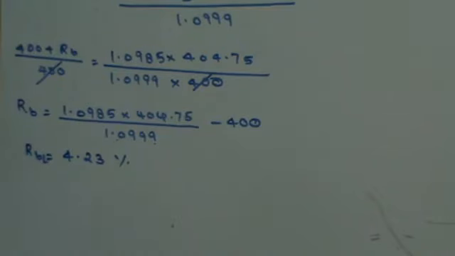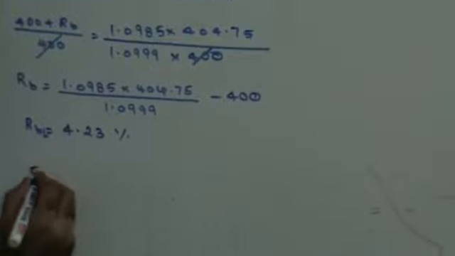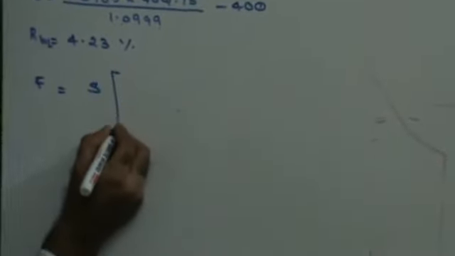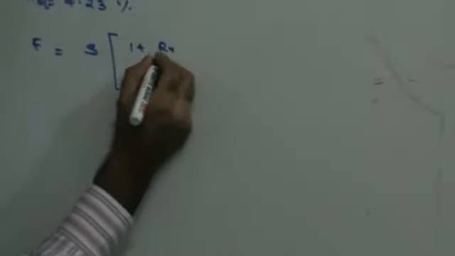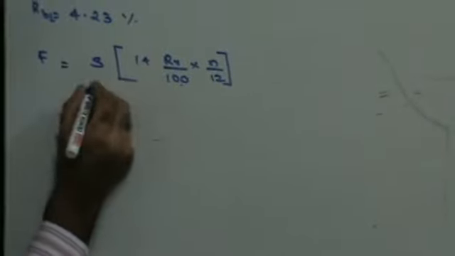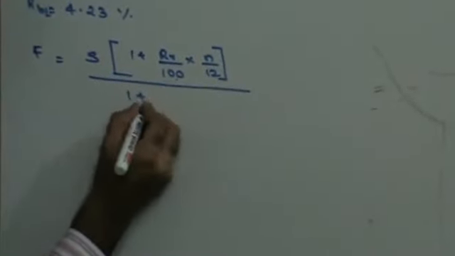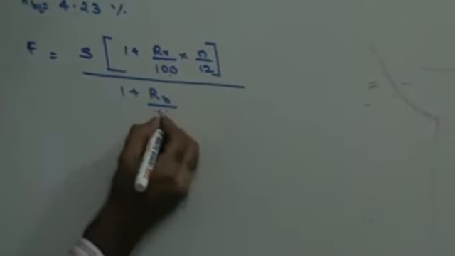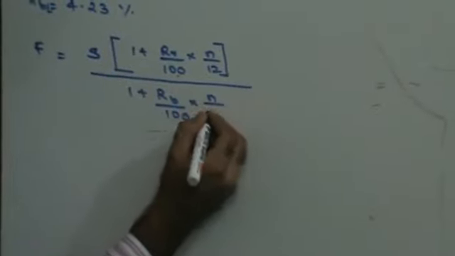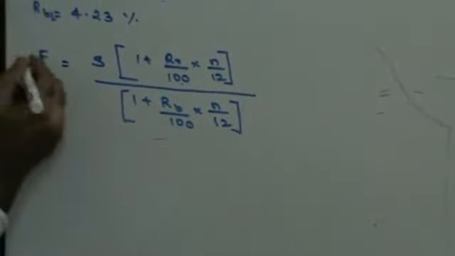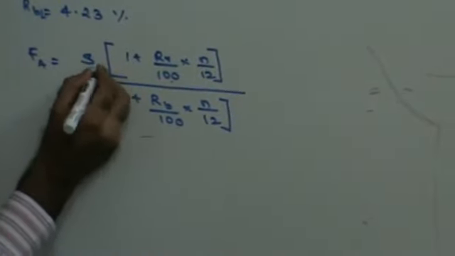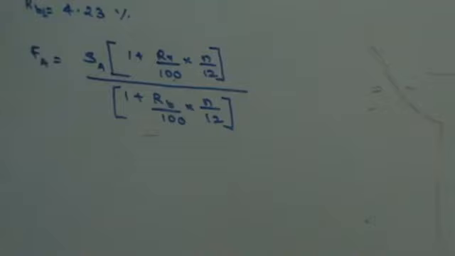Now the same thing I need to find out. I have done bid. Let's do ask. Forward rate is spot rate into 1 plus rate of interest in variable currency upon 100 into n by 12, upon 1 plus rate of interest in base currency upon 100 into n by 12. Now I'm going to be taking ask. Forward ask is equal to spot ask.